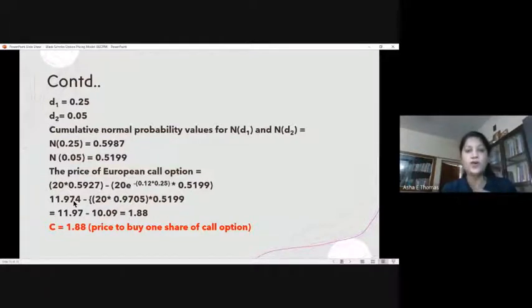In this case, what you have to remember is this value which I get, 1.88 here, as C, is the premium which needs to be paid by the investor when he is going to purchase the call option from the market. But this is a theoretical price.